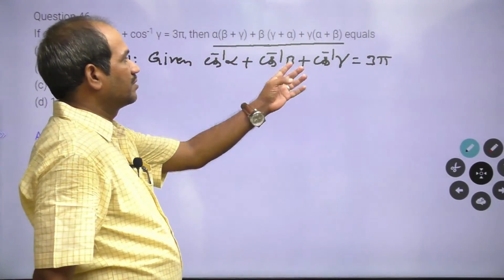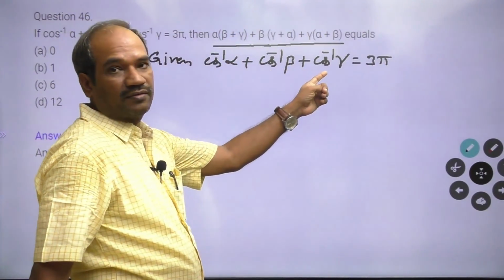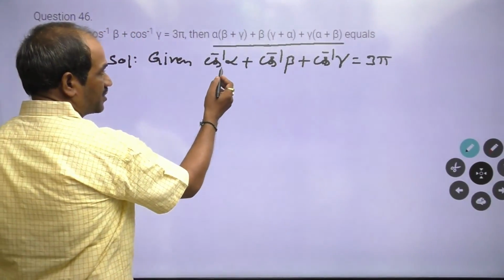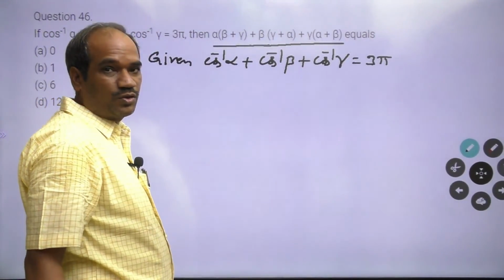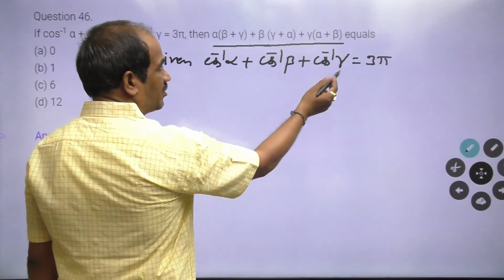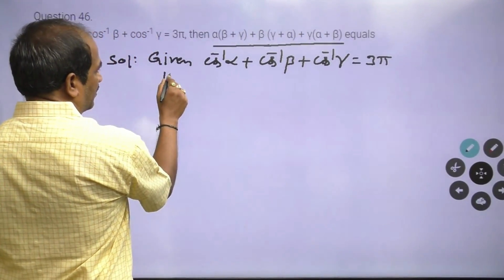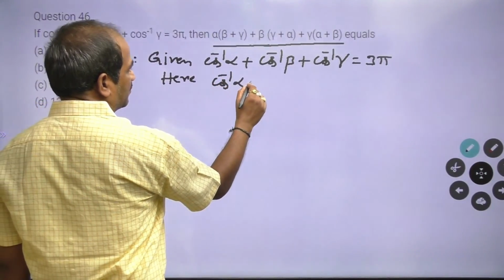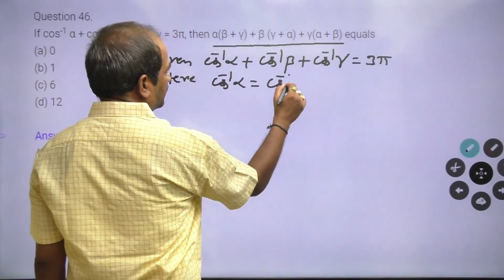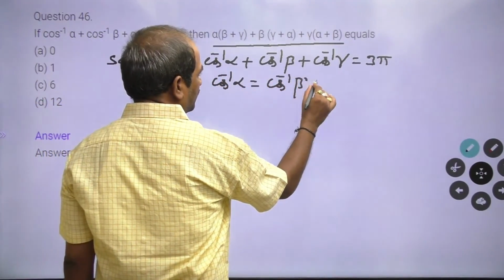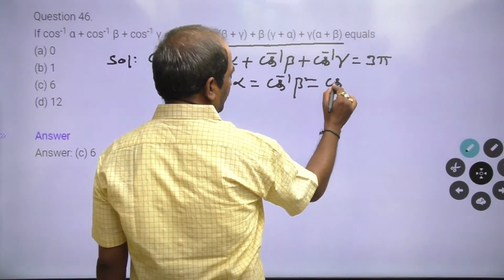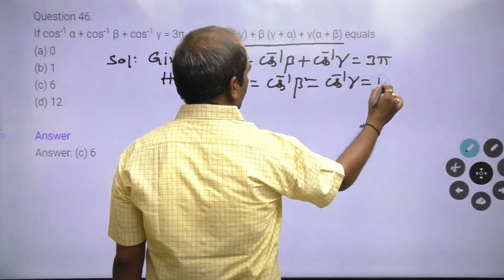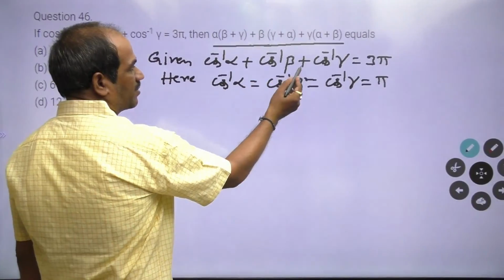The range of cos inverse alpha is 0 to pi, and here the total value is 3 pi. So cos inverse alpha, cos inverse beta and cos inverse gamma are each equal to pi; pi plus pi plus pi gives 3 pi.